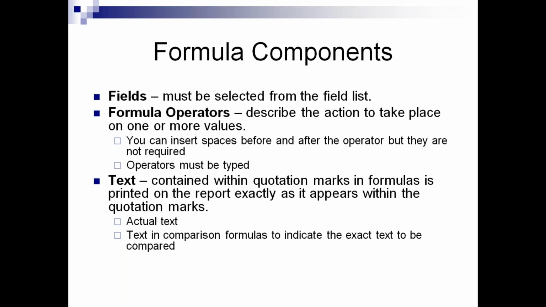GE will be greater than or equal to, and you would use the right pointing bracket with an equal sign. Greater than, or GT, would be the right pointing bracket. These are the pointy brackets at the bottom of your keyboard. LE would be less than or equal to, or would be the left pointing bracket with an equal sign. Less than would be LT, which would be just the left pointing bracket, or NE for not equal to. And we don't have a symbol on the keyboard for that.